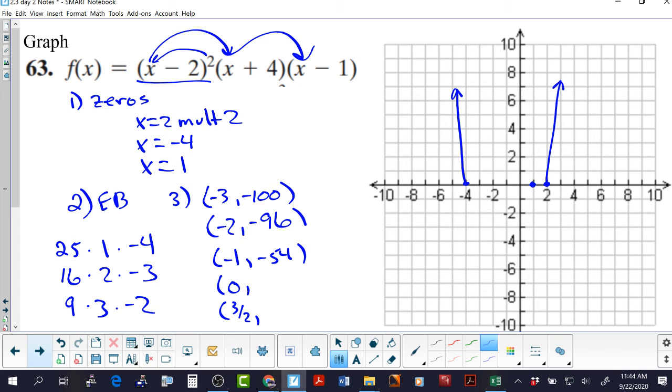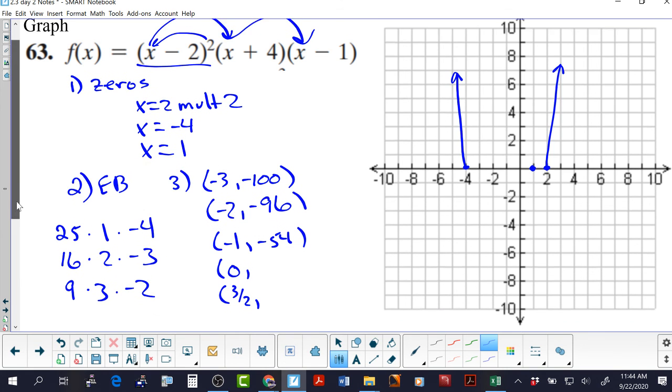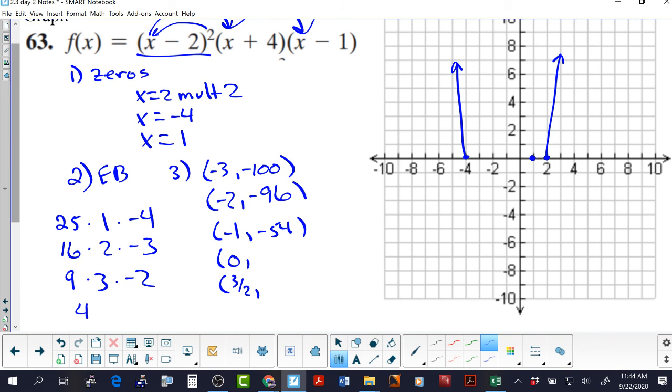0 is, let's see, negative 2 squared. Negative 2 squared is 4 times negative 1, so negative 16. Now 3 halves, let's see, 3 halves minus 8 halves is negative 5 halves squared, so 25 fourths.